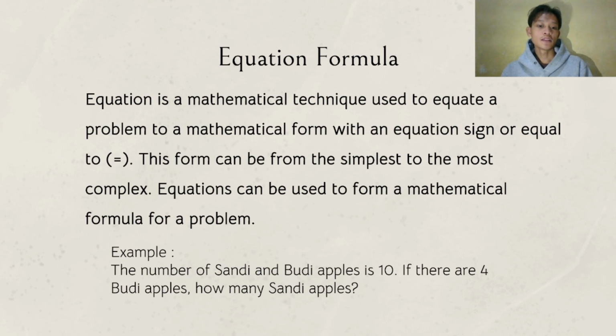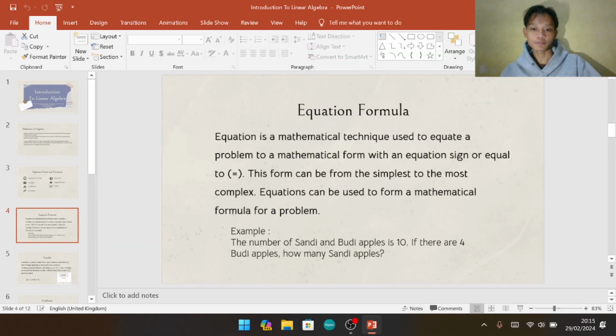Example: the number of Sandy and Budi apples is 10. If there are four Budi apples, how many Sandy apples?